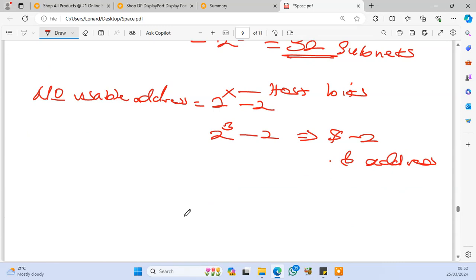Then now we need the magic number, because the magic number helps us to know the range, the difference per group.